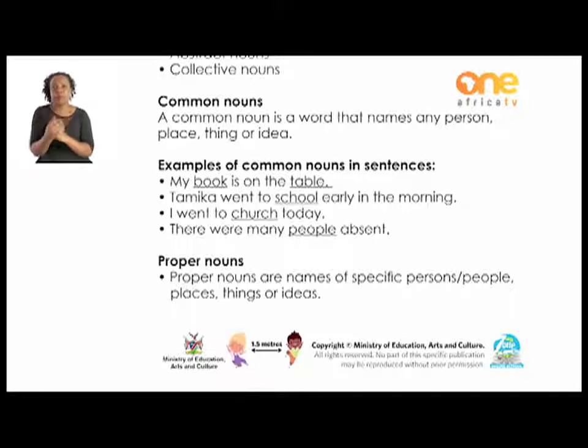The common noun there, which is underlined, is school. I went to church today. The common noun which is underlined is church. There were many people absent. People is our common noun.